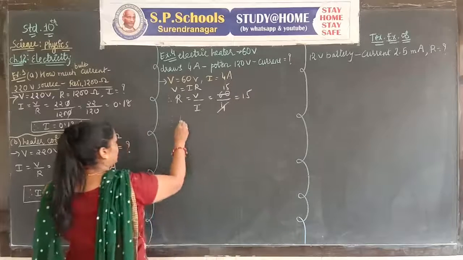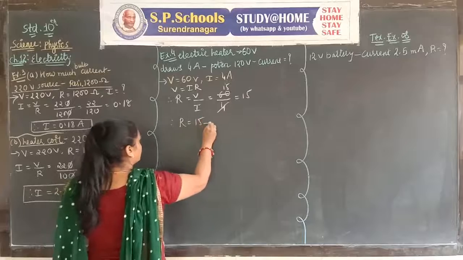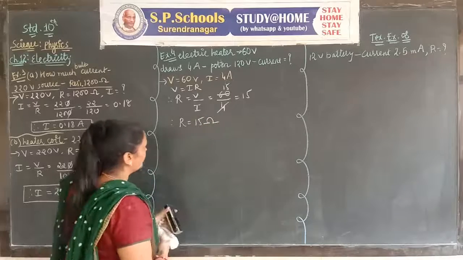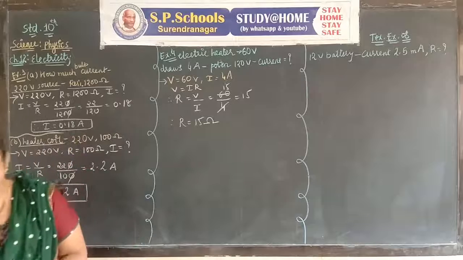So we take the resistance as 15 ohm, or you call it omega.